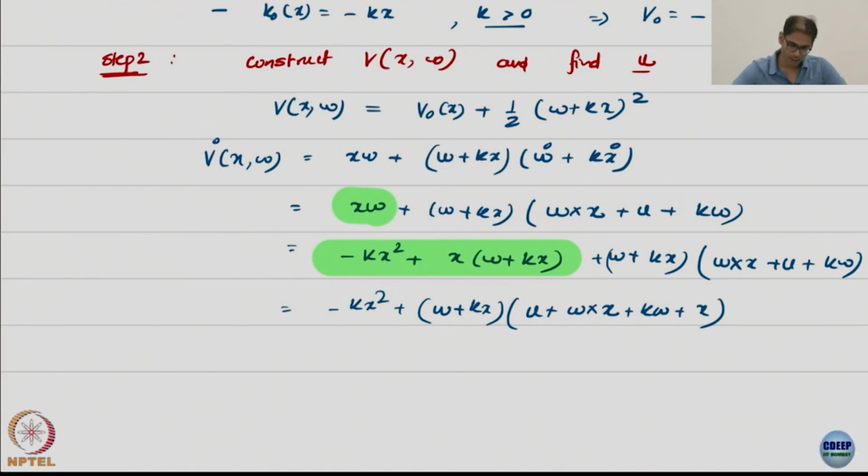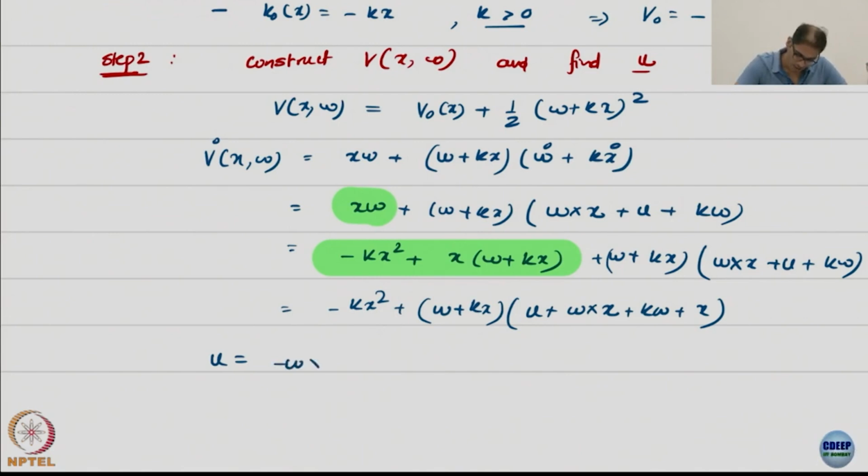Now what would be the control now? If I wanted to use this Lyapunov reshaping idea, what would be a good controller here to make sure that V dot becomes negative definite? Just like we did for the general case, what would I do?